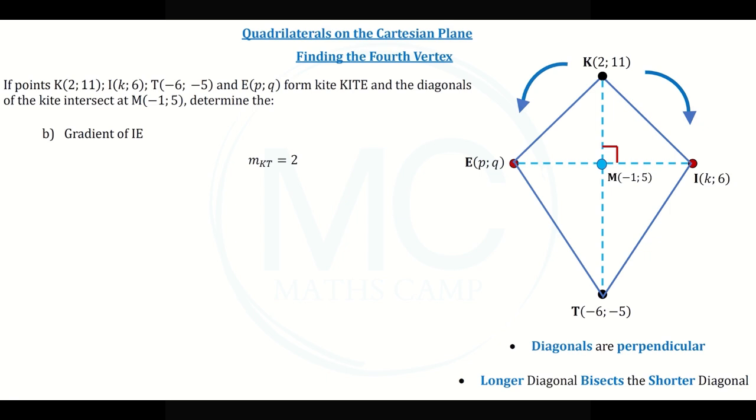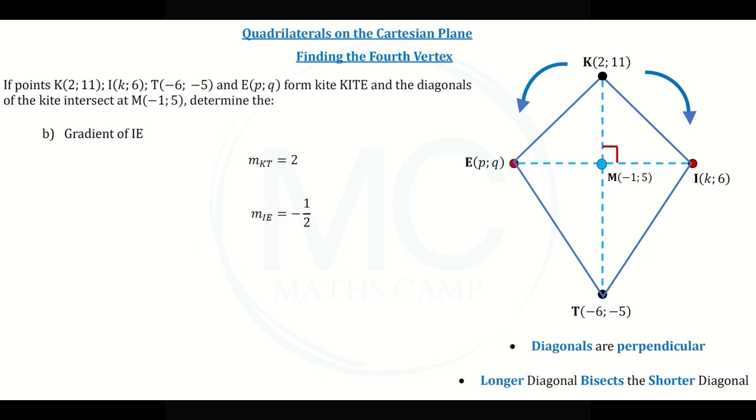So the gradient of IE must be the negative reciprocal value. Let's change 2 into a fraction, 2 over 1. Now we can say the gradient of IE is equal to, 2 is positive, which means that this is negative. Now we can flip our fraction and we get negative 1 over 2.